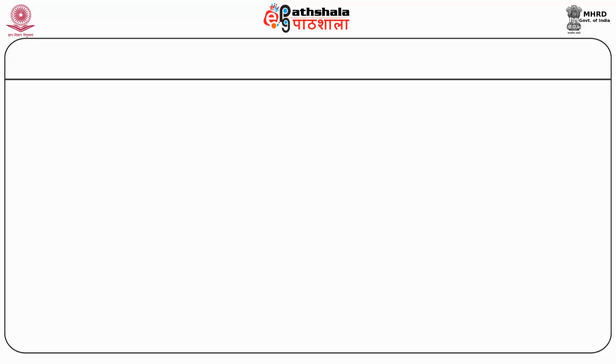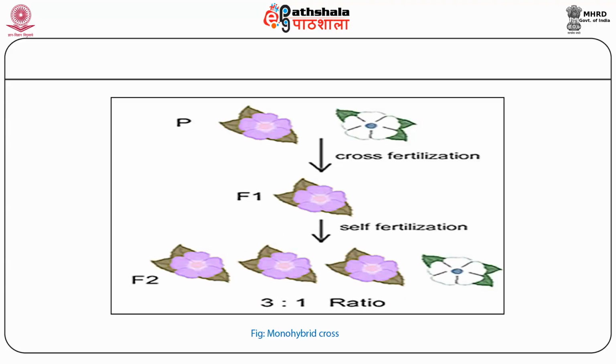The experiment conducted by Mendel can be visualized in this image, given the title monohybrid cross. At the top you can see purple and white flowers. It is indicated by letter P, meaning parental generation.